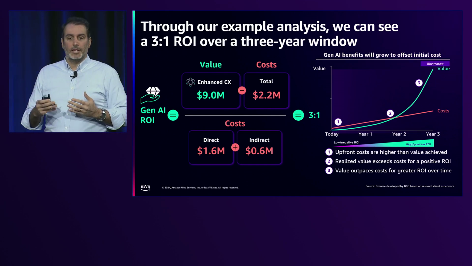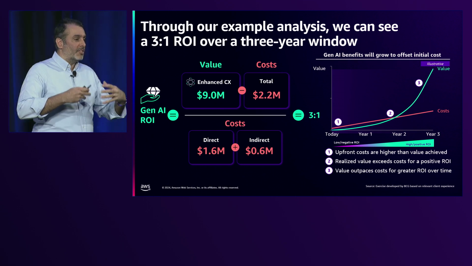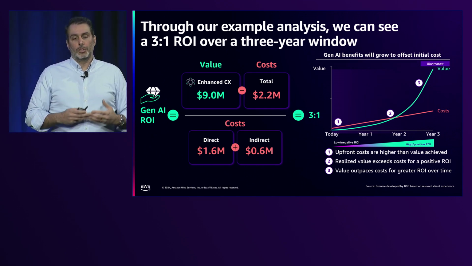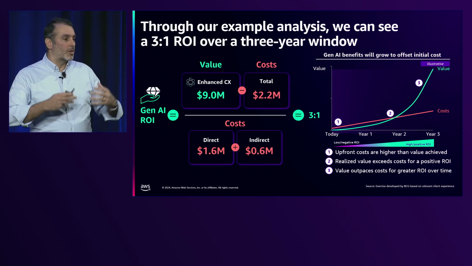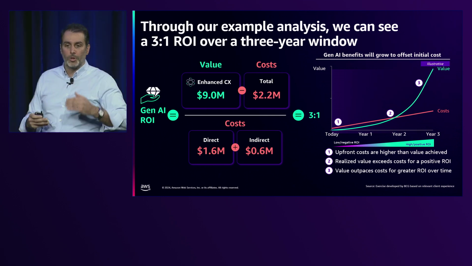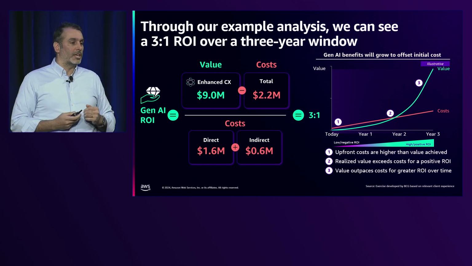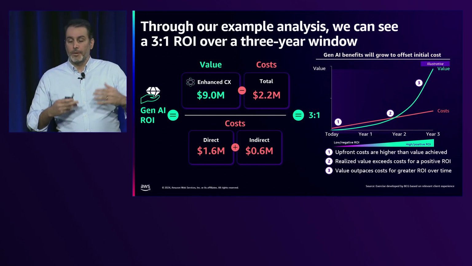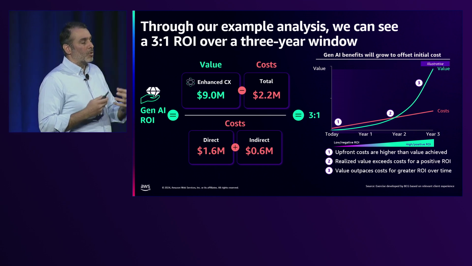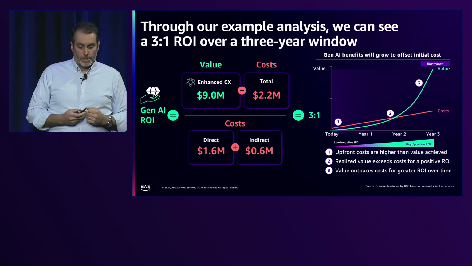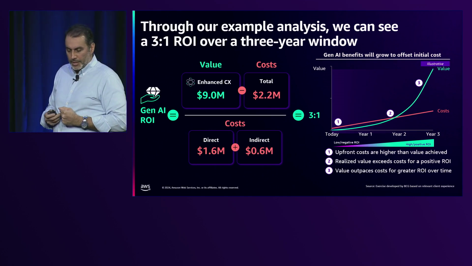The second aspect is that the efficiency and effectiveness of the solution is going to improve because you're going to have more feedback. You incorporate that feedback into your solution and improve it over time. So it starts at X percent accuracy, but over time that goes higher and higher with more insights, more knowledge, and more data points gathered around the solution.